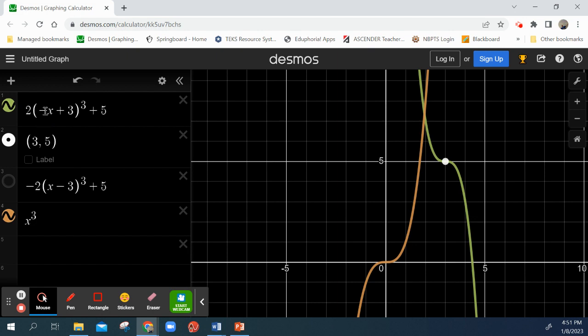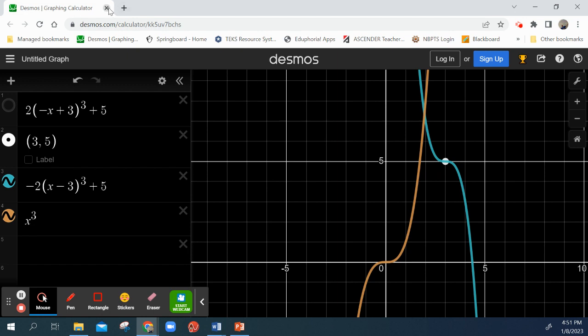But again, we see we have a negative b here. So that means we can factor this negative out and change the sign of what's inside the parentheses, the actual cubed expression. And we see that it makes sense now. We did shift to the right by 3. We did shift up by 5. We have a vertical stretch by 2, and we are being reflected.